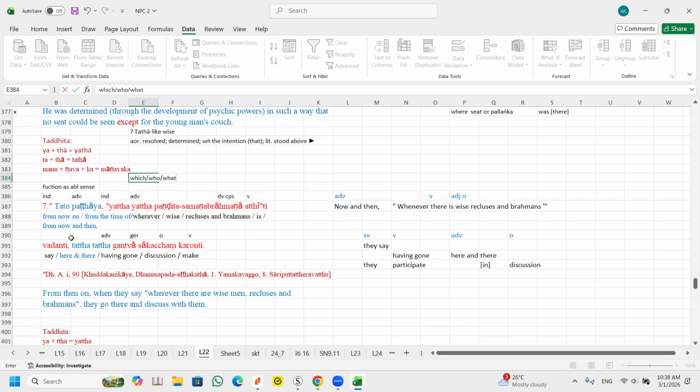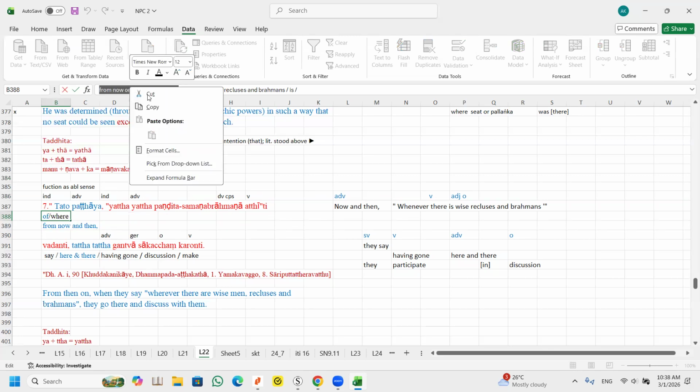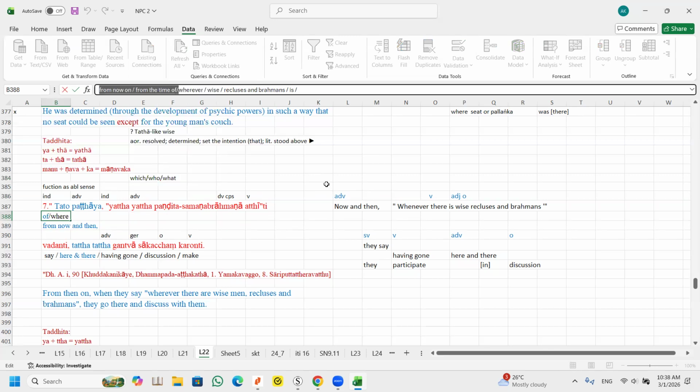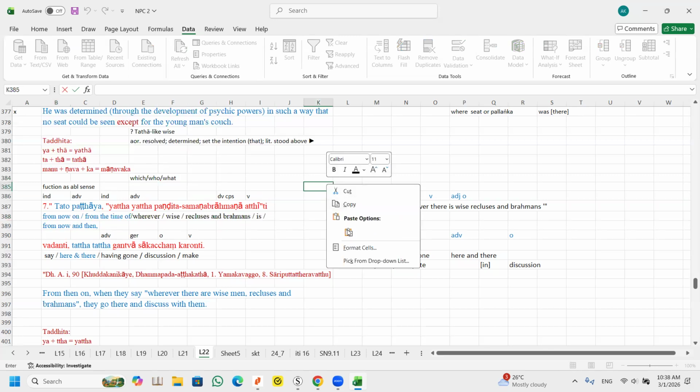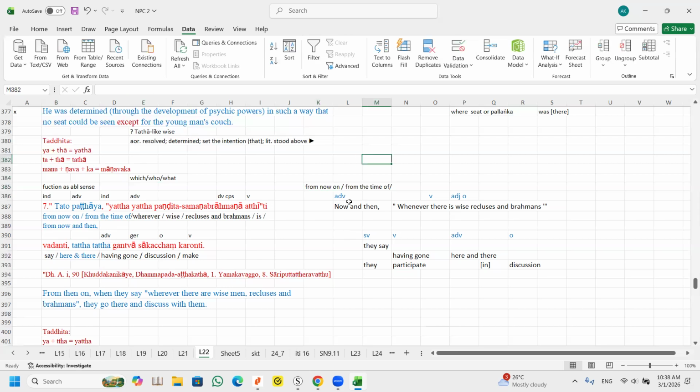Can you see this one? This up to here, you are not going to translate it. So this whole thing here is "now and then." Make sense or not? "Now and then," because "from the time then" means now and then, later.